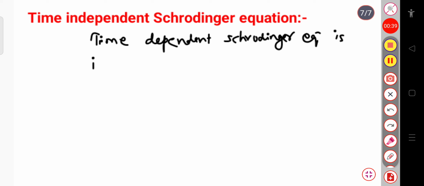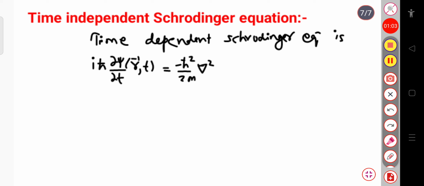i ħ, this is your iota, ħ, partial derivative of psi with respect to time, ∂ψ/∂t. Psi is a function of r and t, that is your position and also your time, and that is equal to minus ħ² divided by 2m ∇², this is your del operator squared, psi of r,t, plus the potential energy U of r,t into psi of r,t.